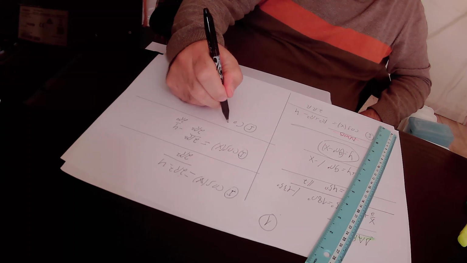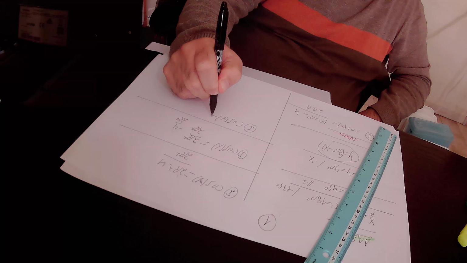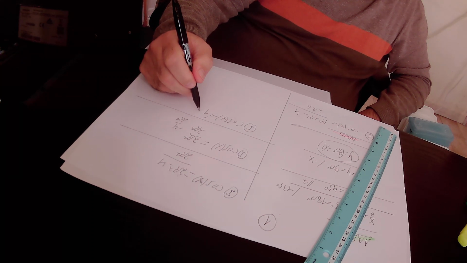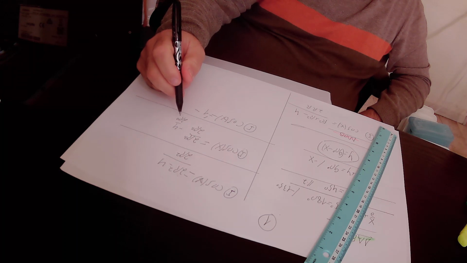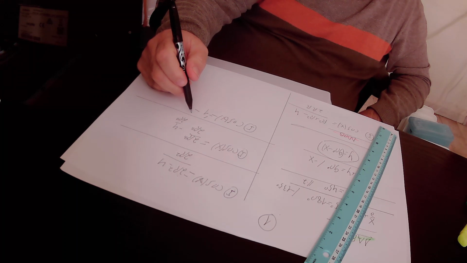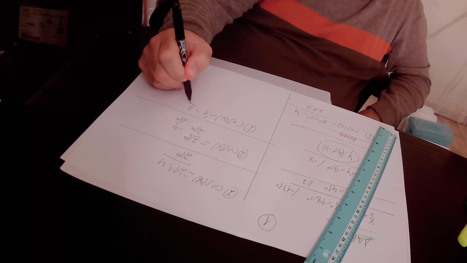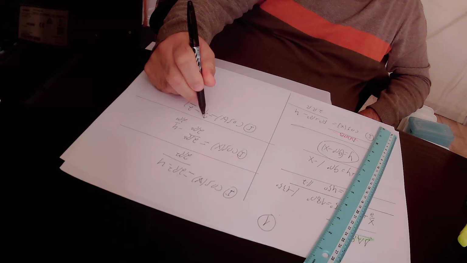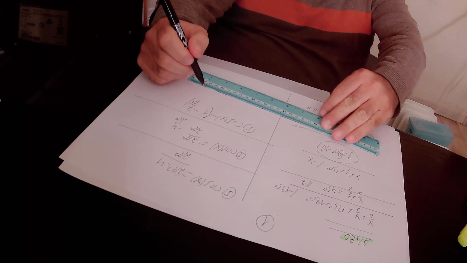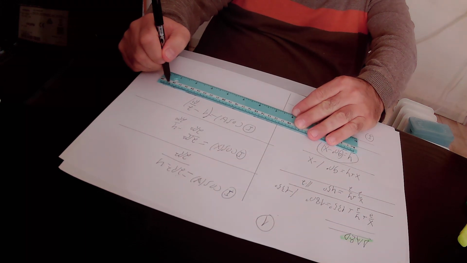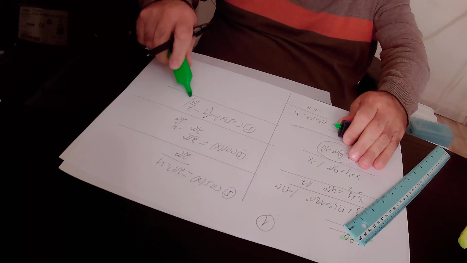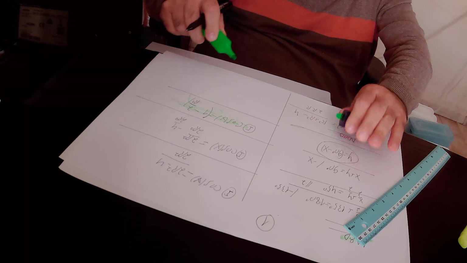So cosine x according to equation number 1 equals 2r squared over 2r squared is 1, minus 4 over 2 is 2, so in the numerator we have 2, and in the denominator we are left with only r squared. In conclusion, according to equation number 1, cosine x equals 1 minus 2 over r squared.